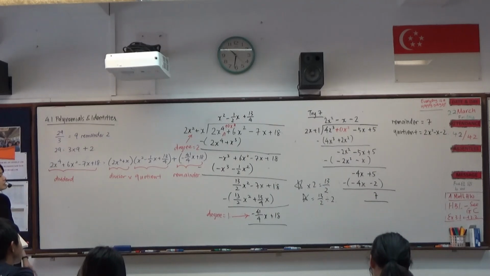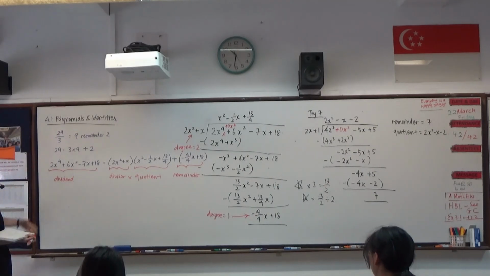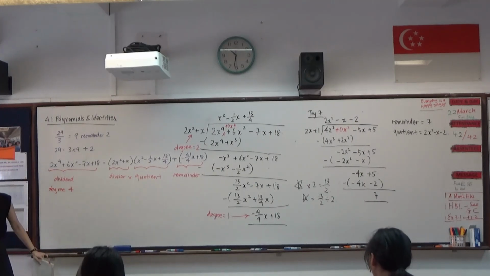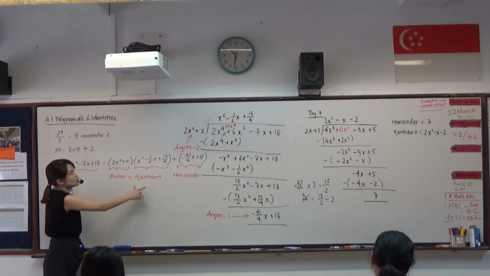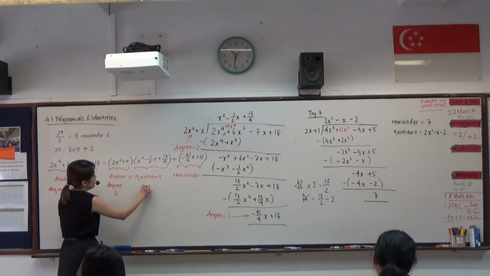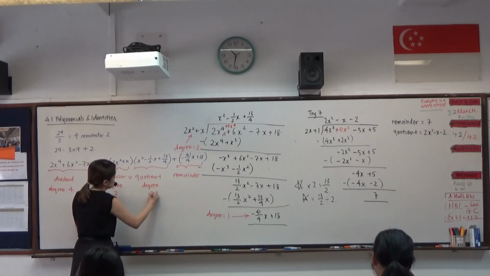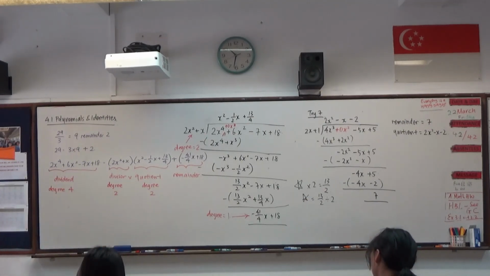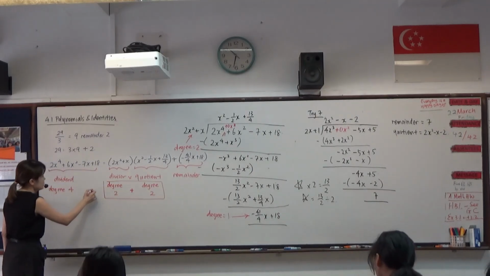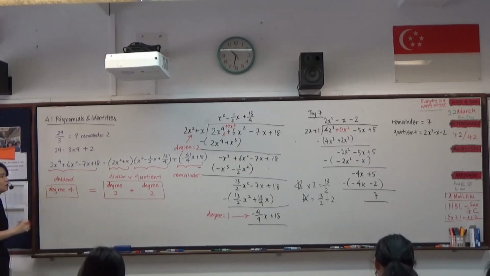But important to know is that our dividend in this case is degree 4. Your divisor has a degree of 2, and your quotient has a degree of 2. When you add up these two, they need to be equal to degree 4.